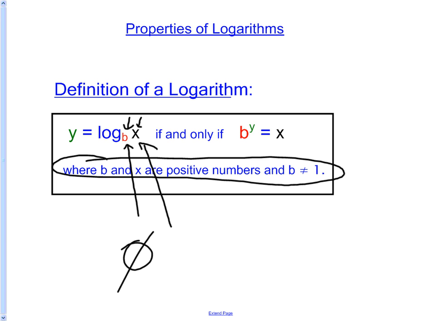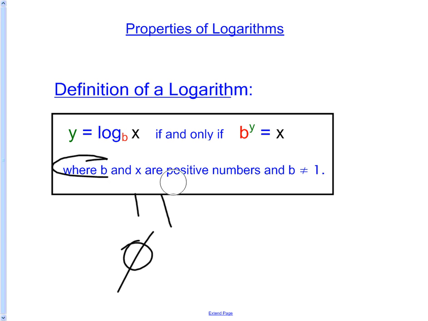The other thing it can't be is this last part. b is not equal to 1. So that means the base right here can't be 1. The reason for that is that then the base would be 1, and 1 to a power has to be something else. Well, what do you know about 1 to a power? It was 1. Even if I put it to the 0 power, still 1.